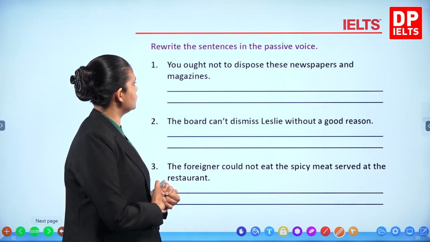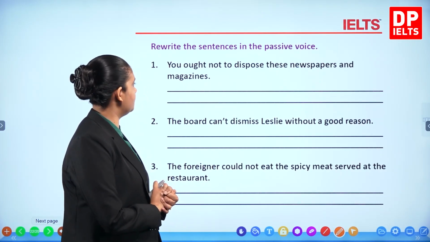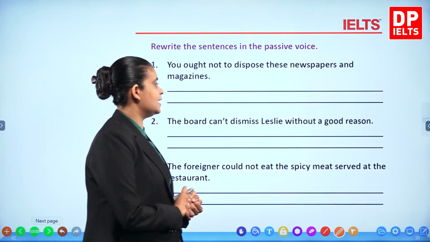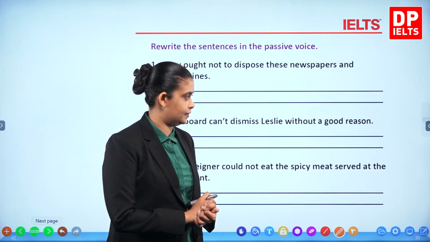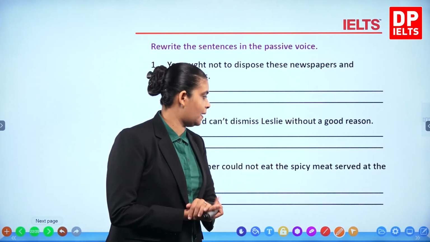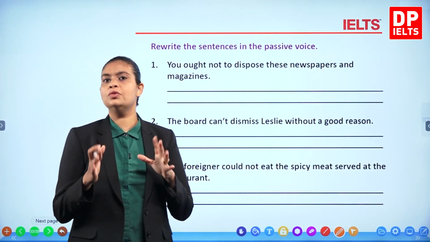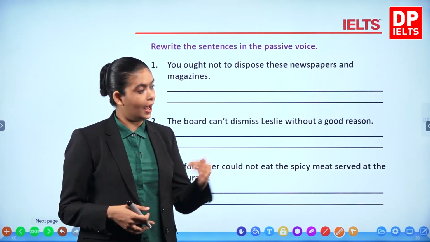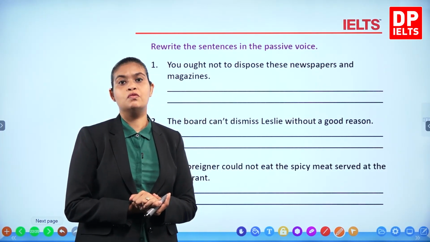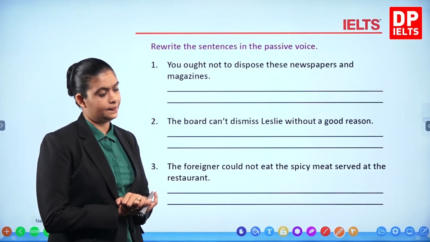Let's have a look at the first one. You ought not to dispose these newspapers and magazines. The board can't dismiss Leslie without a good reason. The foreigner could not eat the spicy meat served at the restaurant. So I want you to pause the video and go through these three sentences and rewrite them in the passive voice.